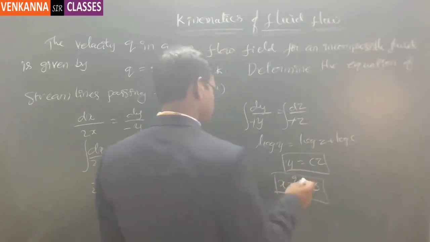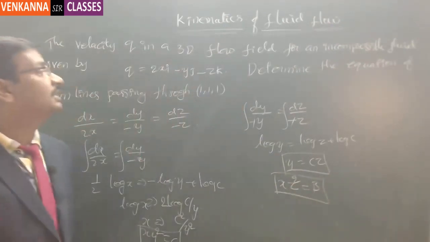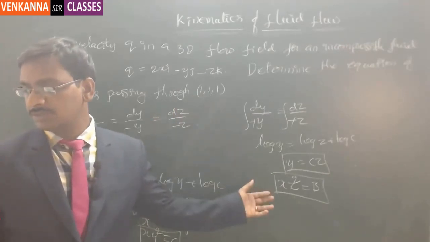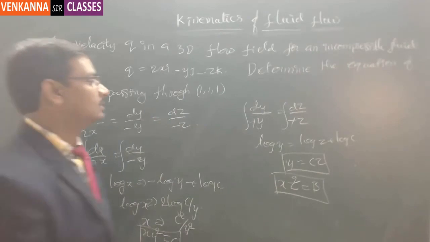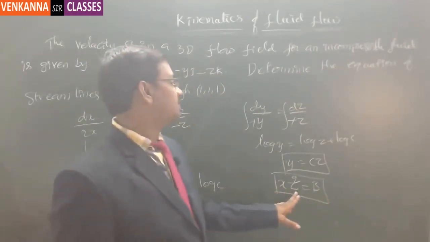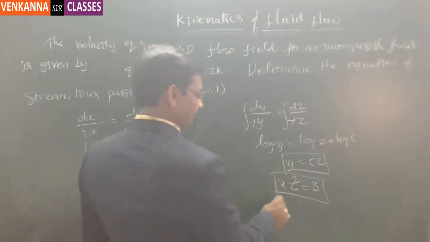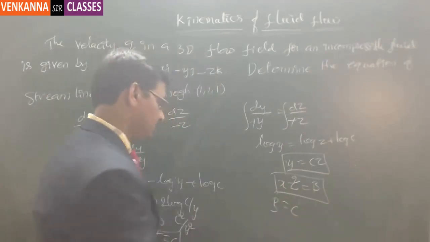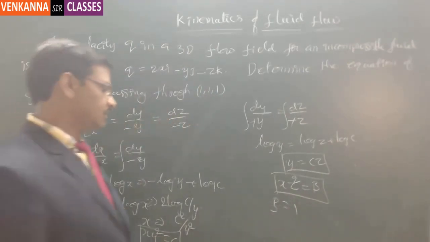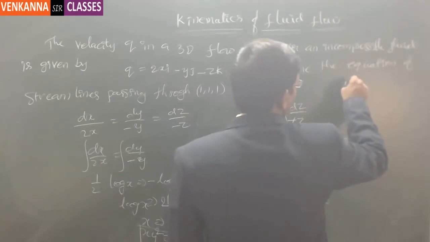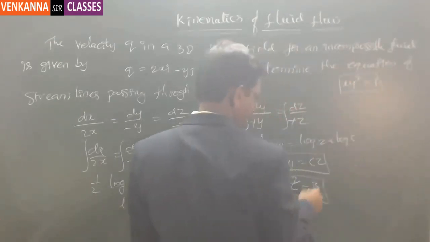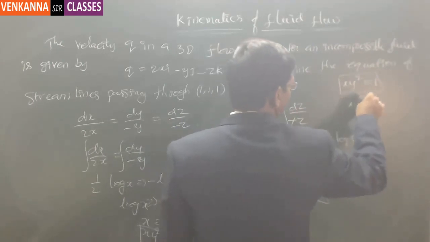Another arbitrary constant, right? So here the initial condition is that it is passing through 1, 1, 1. That means if you substitute here, the c value, or here the b value, if you want to find it out, x is 1 and z is 1, then b is equal to 1. Similarly, in this case x is 1, y is 1, so c is also 1. Then the equations of these streamlines are xy square is equal to 1, this is one set, and another is xz square is equal to 1.